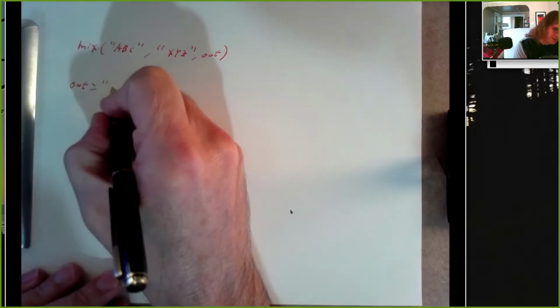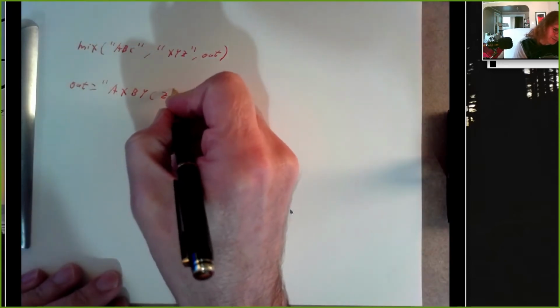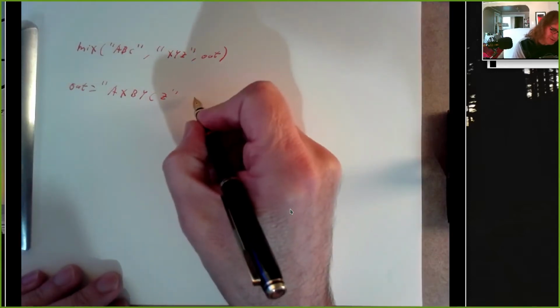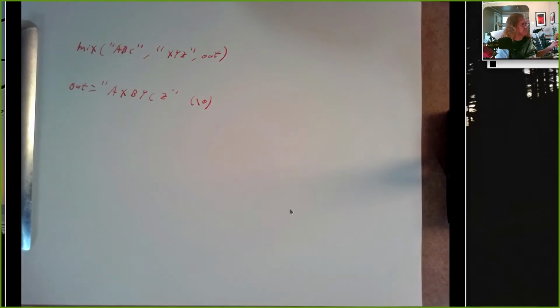Out will be the string A, X, B, Y, C, Z, followed as usual by a null terminator. Alright, so it's just an interleave function.